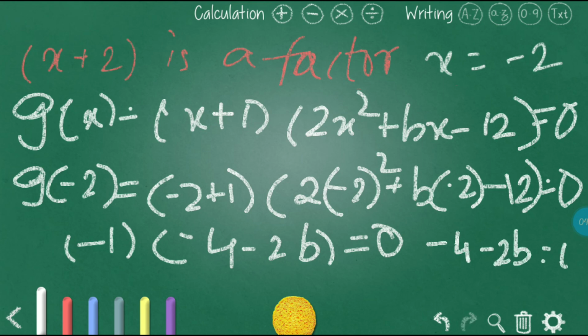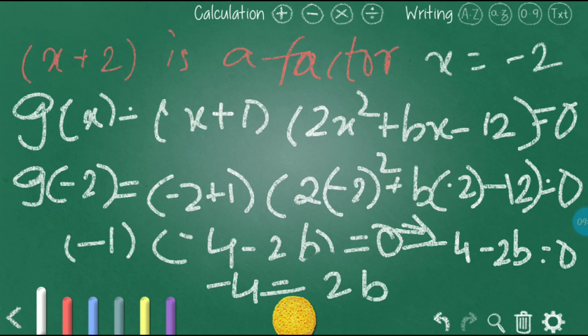Minus 4 minus 2b is equal to 0, and then we will have minus 4 is equal to 2b. Then this 2 will go to LHS and become minus 4 by 2, and b value is finally minus 2.